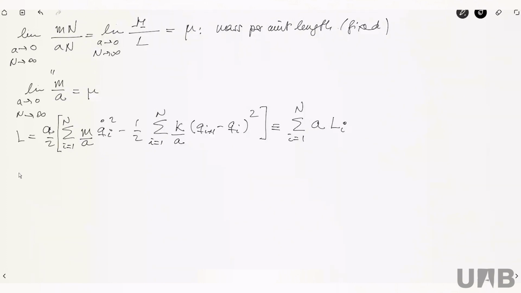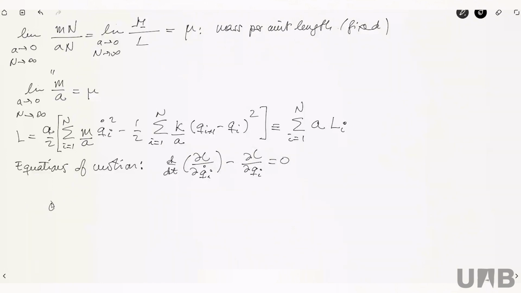Okay. Equations of motion. Given a Lagrangian, it's immediate how to write down the equations of motion. d/dt of the partial of L with respect to qi dot minus the partial of L with respect to qi equals 0. Okay? So let's compute that.